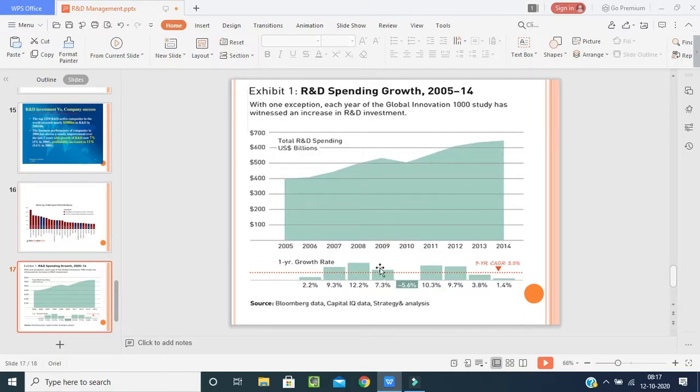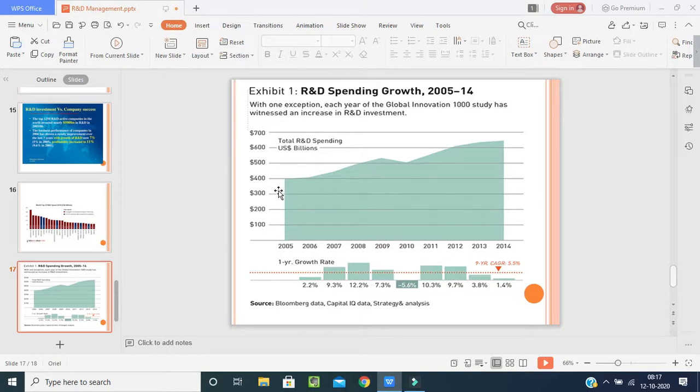And if you see in this, from 2005 to 2014, the spending growth in the Global Innovation 1000 studies has witnessed an increase in R&D investment. That means that is why the R&D department is focusing more and more nowadays. So the growth rate, if you see from 2005 to 2014, these 9 years, has ranged.